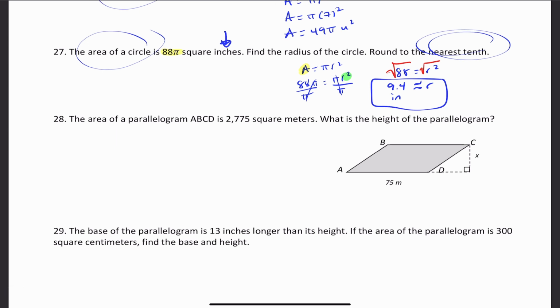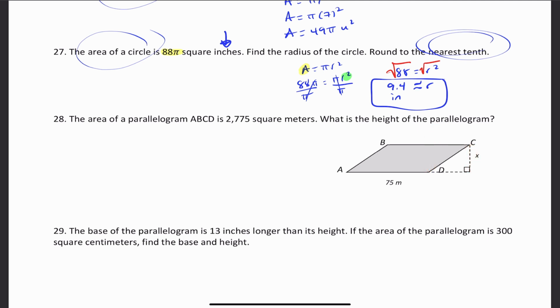Number 28, the area of a parallelogram ABCD is 2,775 square meters. What is the height of the parallelogram? So this is x, right? But we're looking at the height of the parallelogram. So whatever this value here is the same thing as this, right?